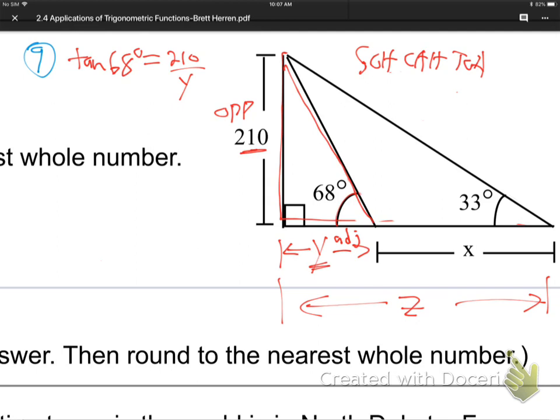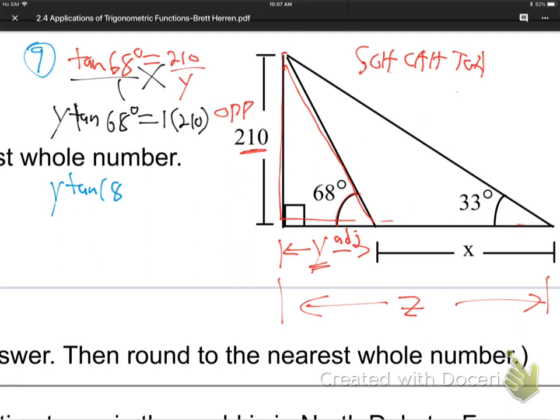So solve for Y there. Put that over 1, cross multiply, you know the drill. Diagonal, diagonal. Y tan 68 degrees is 1 times 210. Last step to get Y alone. Whoops. This is 210. Last step is to divide by the tangent of 68.